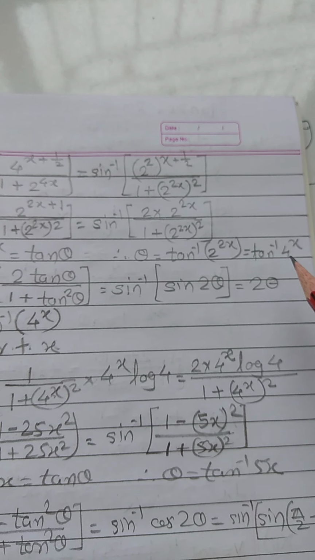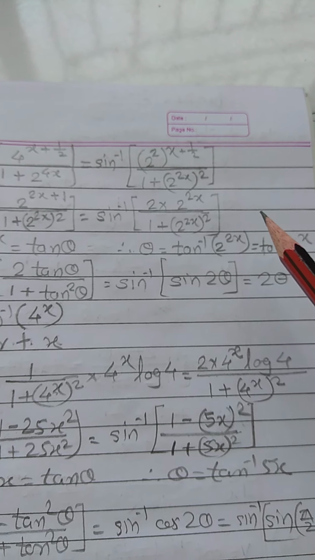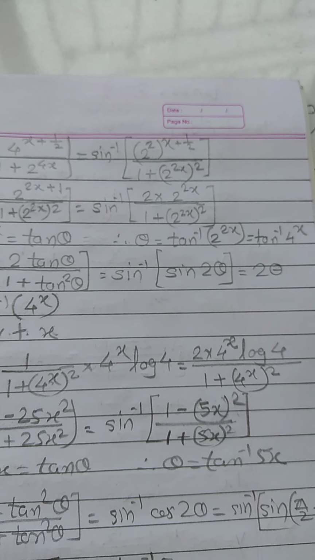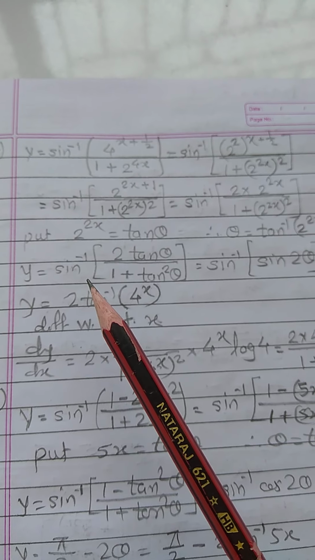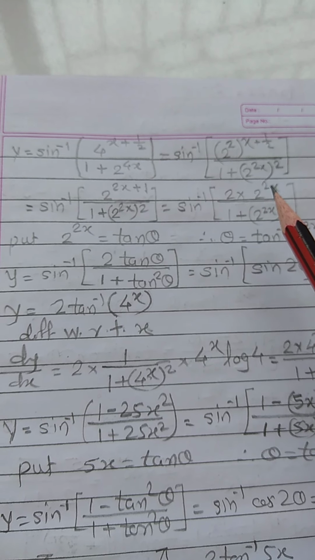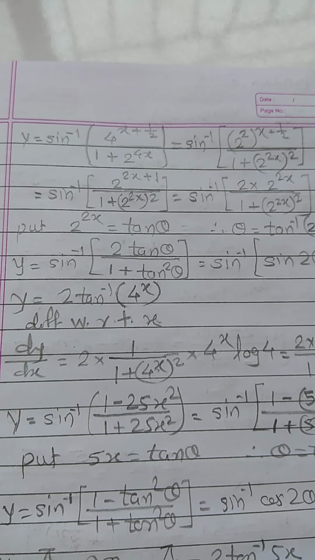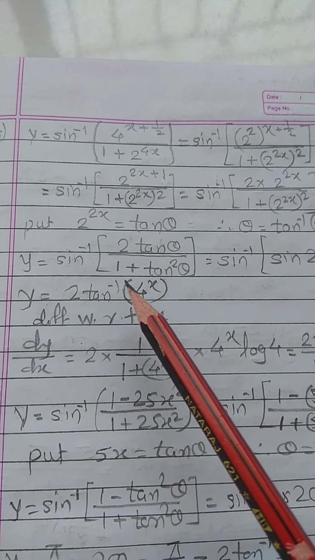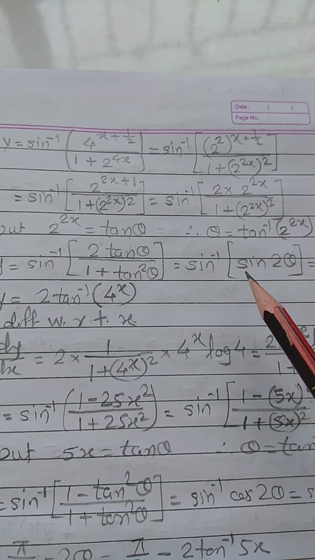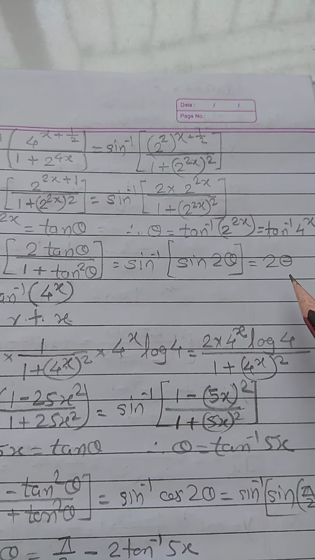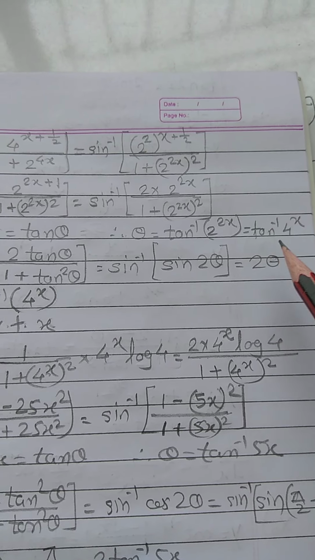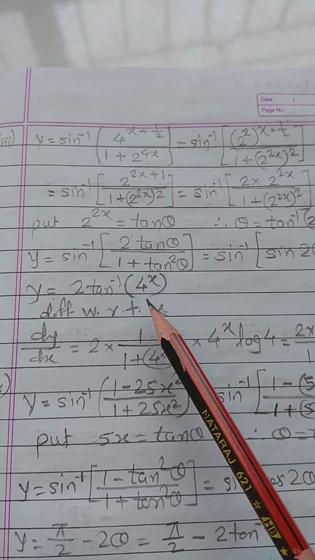That is tan inverse of 2 raised to 2 raised to x, that means 4 raised to x it will be. Y equal to sin inverse of, if 2 raised to 2x is tan theta, then it will become 2 tan theta upon 1 plus tan square, which is sin 2 theta. Sin inverse of sin 2 theta will give you 2 theta only. Theta here is tan inverse of 4 raised to x.